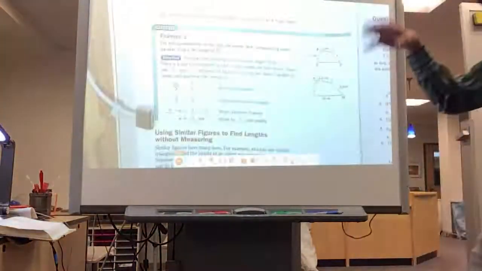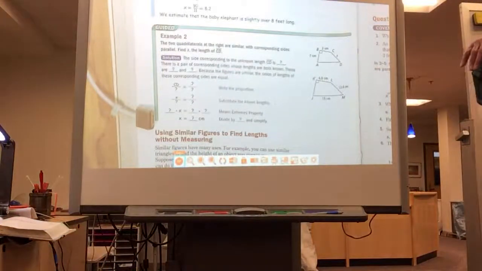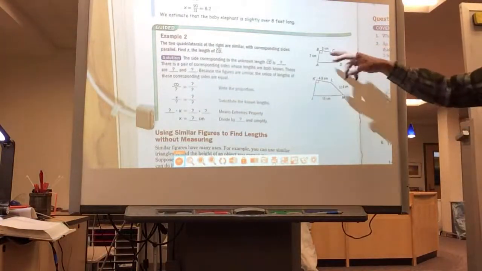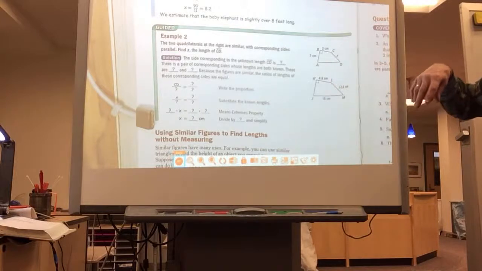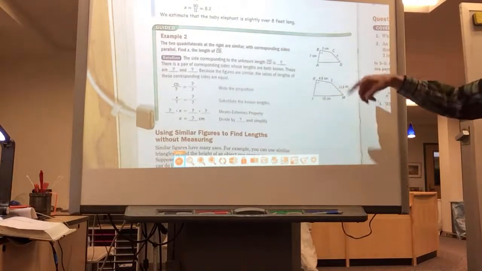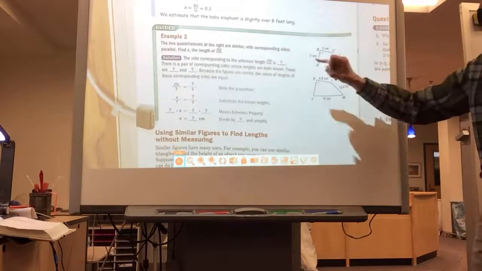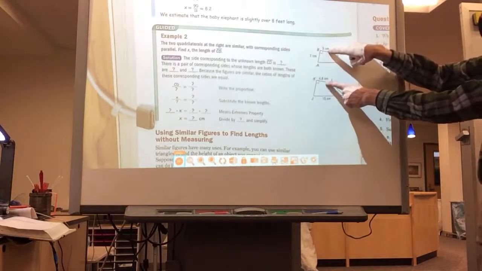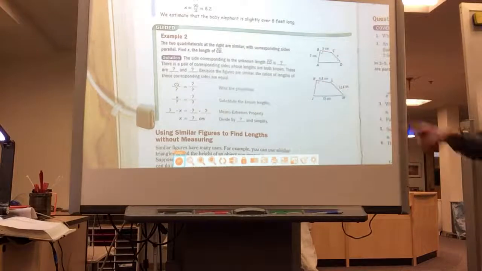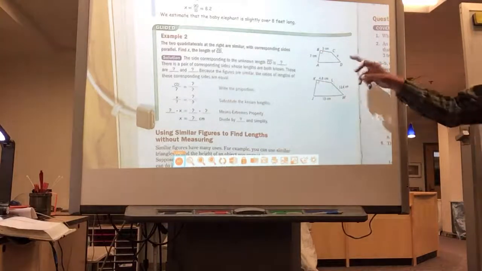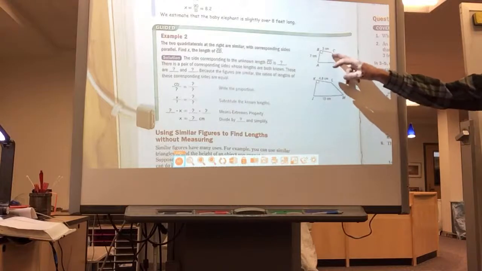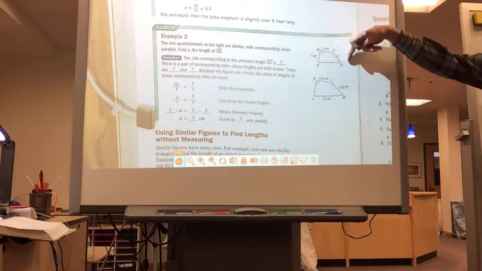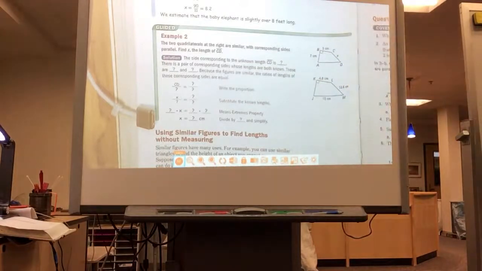So if you're going to write fractions, and for example, in this polygon and this polygon, and we're going to compare sides, we have to take a look at a few things. We have to look at where we have corresponding sides like these two here, where we know both of the lengths. And then in this case here is the side which they say side CD is X. That's what we're solving for.